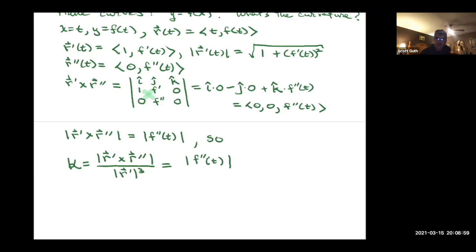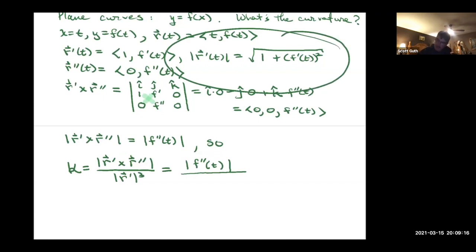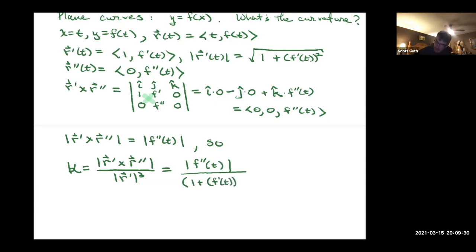So it makes sense that you see absolute values in this formula. Without the absolute value, this could go negative. So we're doing the square root up here to the third power, so I'm just going to write that to the 3/2. So I'll do 1 plus f prime of t squared, and then the square root of that to the third power will be to the 3/2, like that.